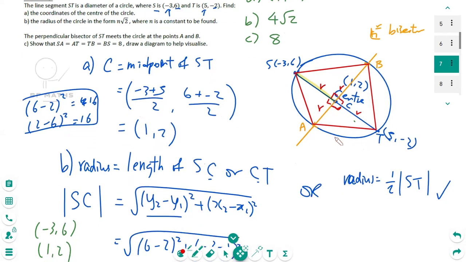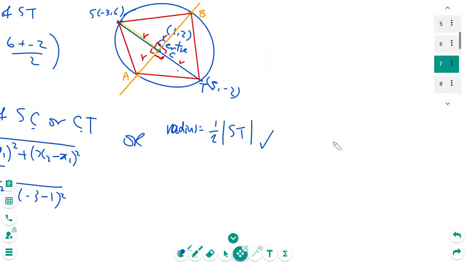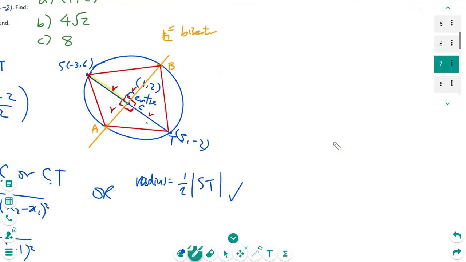Part C. Actually, let me do it on here, it might be easier. If I take this triangle with point A, point T and point C, we know these are radii, which are 4 root 2.